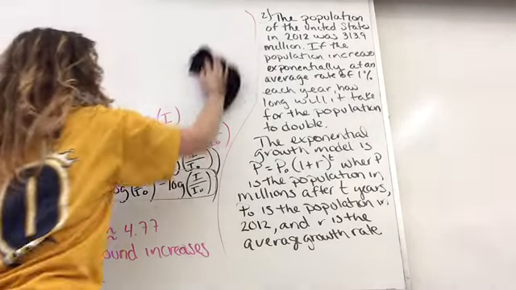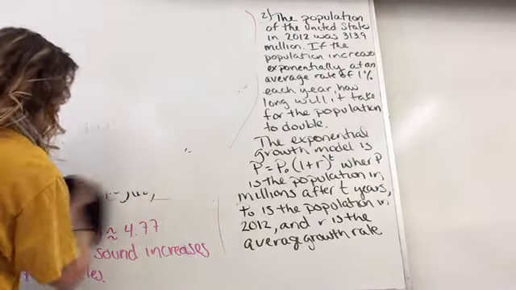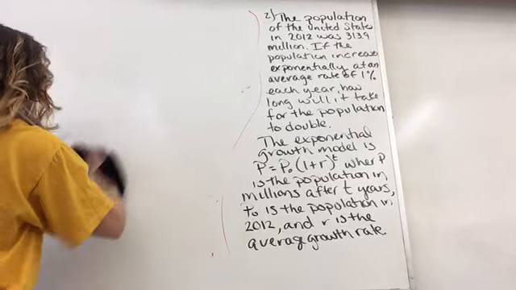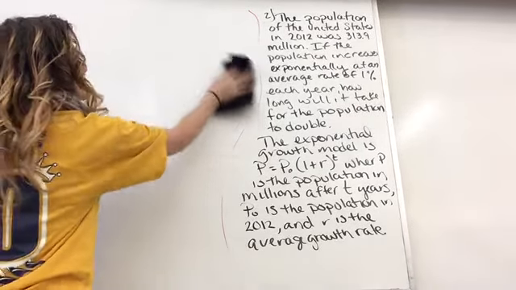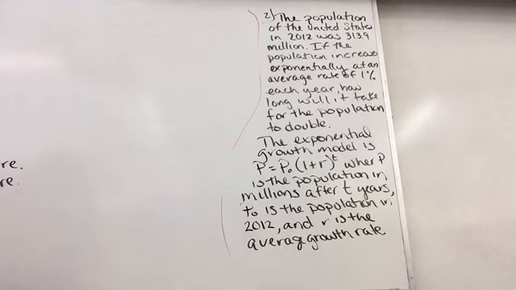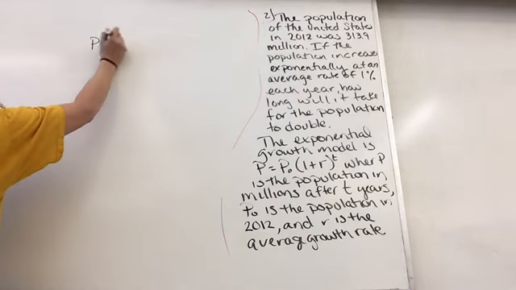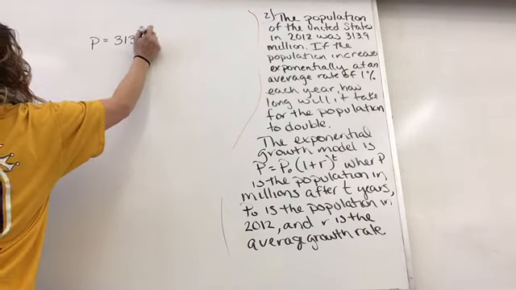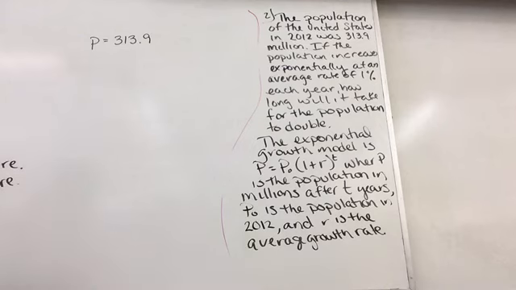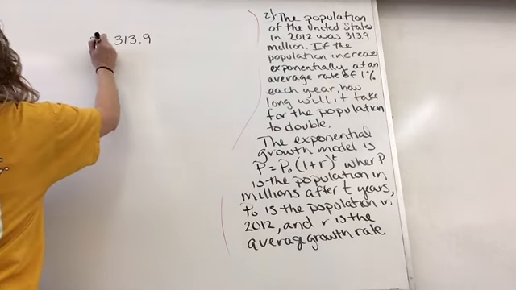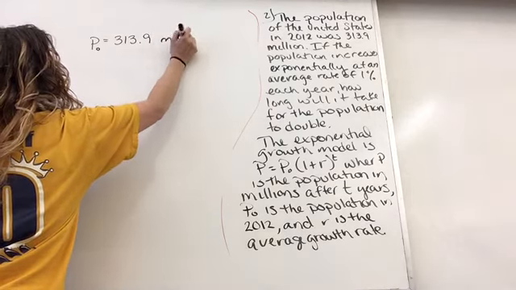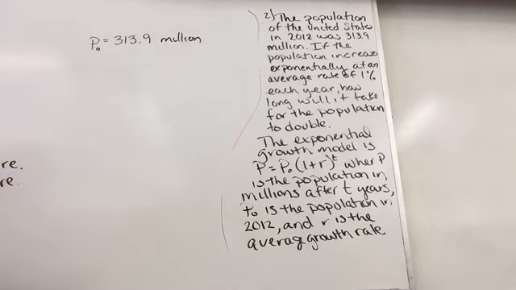If we're looking at our formula, we need to know what P sub naught is, what the population was in 2012, and we have that. We need to take our rate and change it to a decimal. So let's start looking at this. The population is 313.9 million, and that's in 2012.